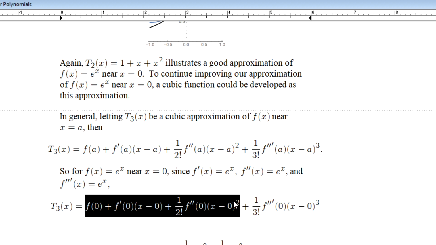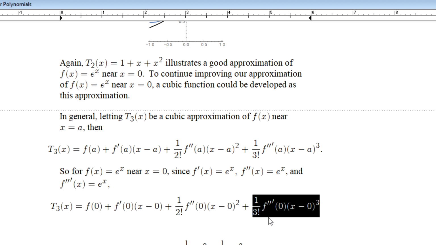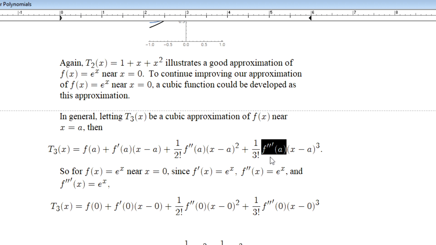You'll notice now the first 3 terms match our quadratic approximation, where we're just adding on now this 4th term. It is 1 over 3 factorial, right, times f's third derivative at a, where a is 0, times this quantity x minus 0 raised to the third power.